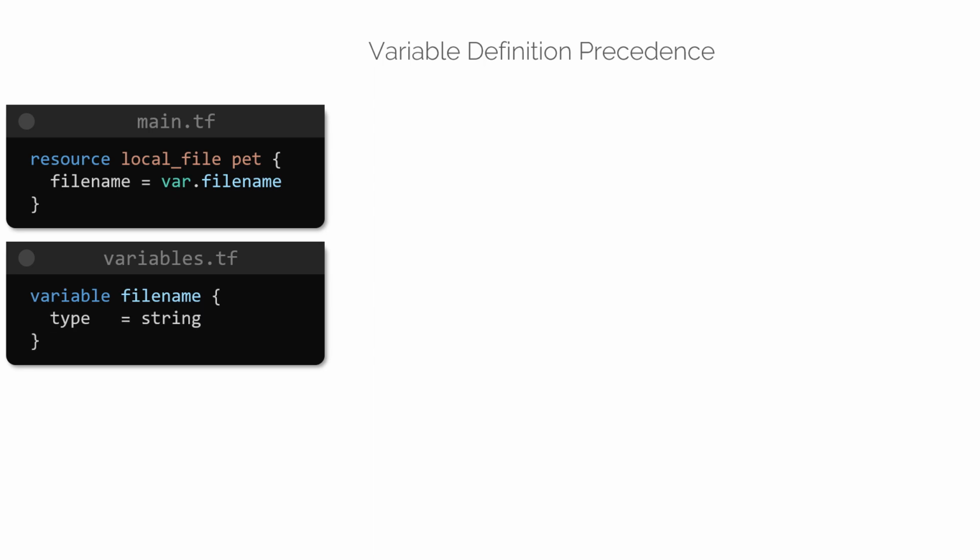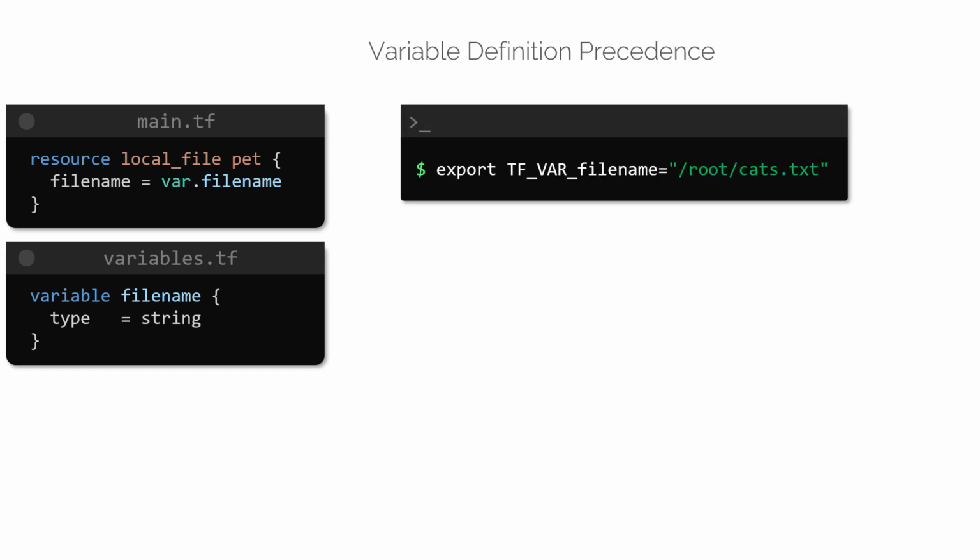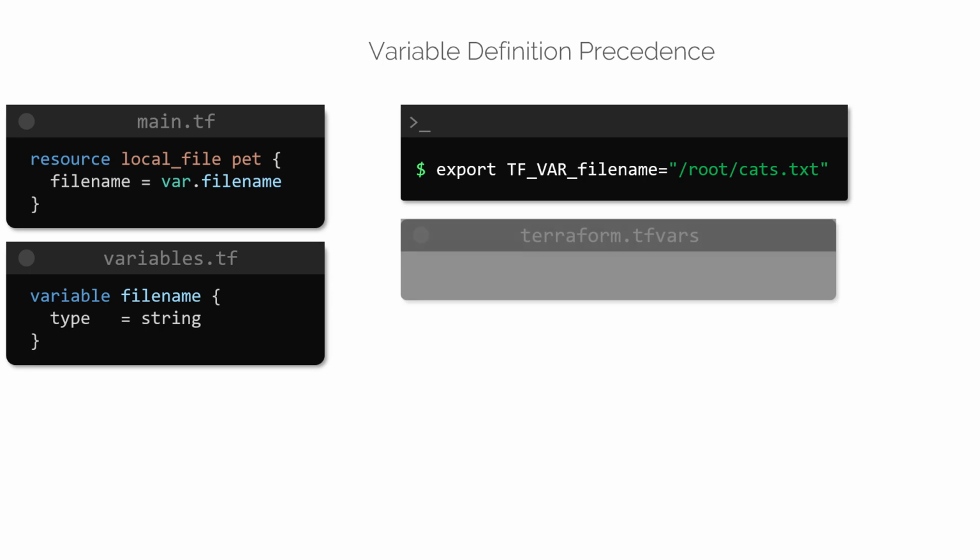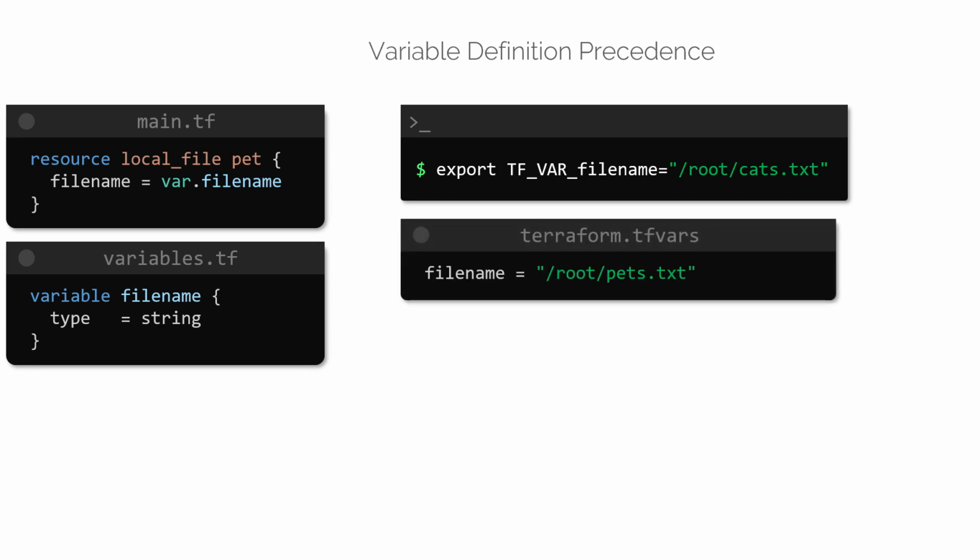In the variables.tf file, we have not specified a default value for this variable. And we have assigned different values to this variable in multiple ways. We have exported the environment variable called TF_VAR_filename with the value of /root/cats.txt. The terraform.tfvars file has a value of /root/pets.txt for the same variable.